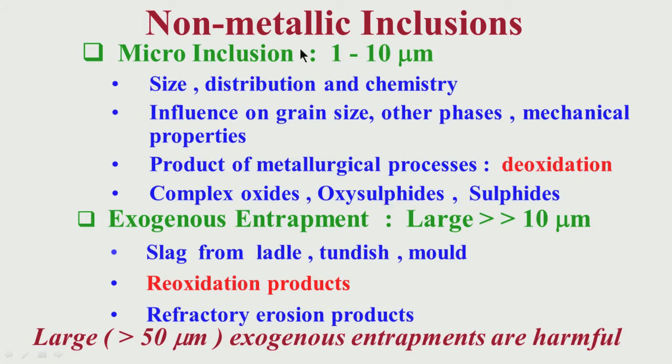These are micro inclusions. Now, I have talked about exogenous entrapments; they are large in size. Micro inclusions are normally small in size, metallurgical products coming out of reactions like deoxidation during steel making. But exogenous entrapments are basically what? I have mentioned some of them, like slag from the ladle.